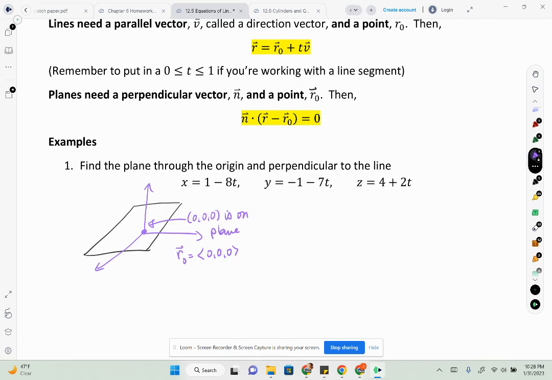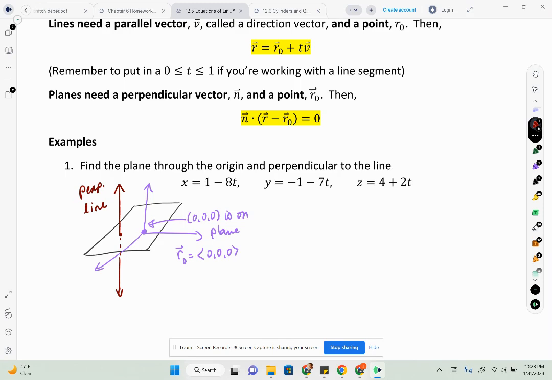Now we're also told that there's this line out here, and this line is perpendicular to our plane. They actually say the plane is perpendicular to the line. It's the same thing. Let's draw that like this. So this is the perpendicular line.